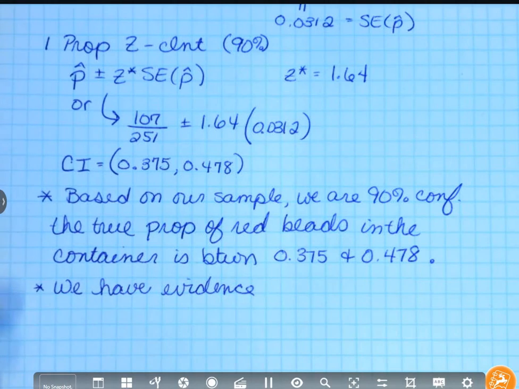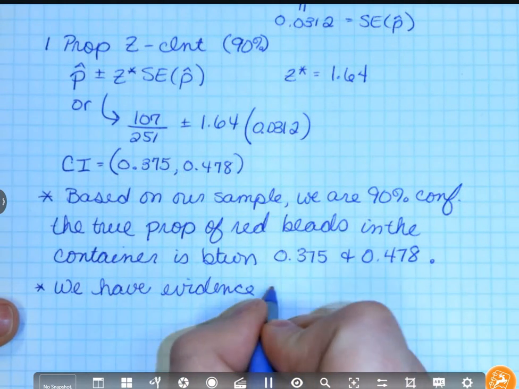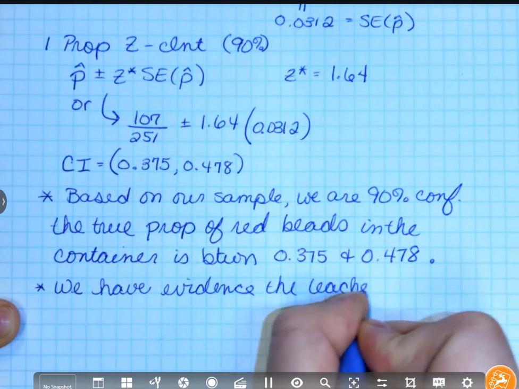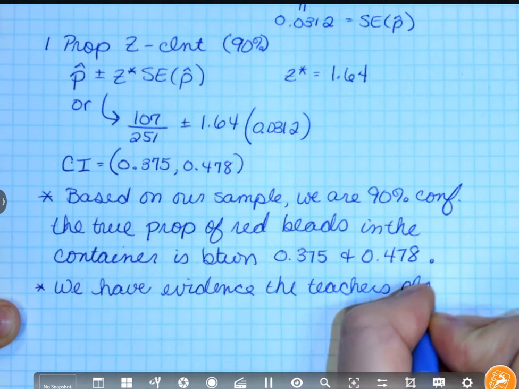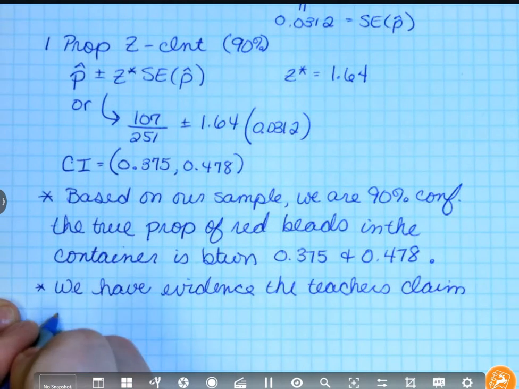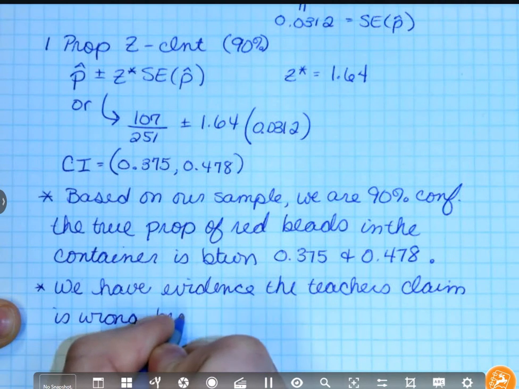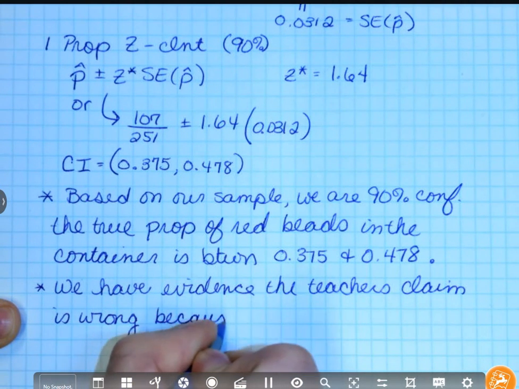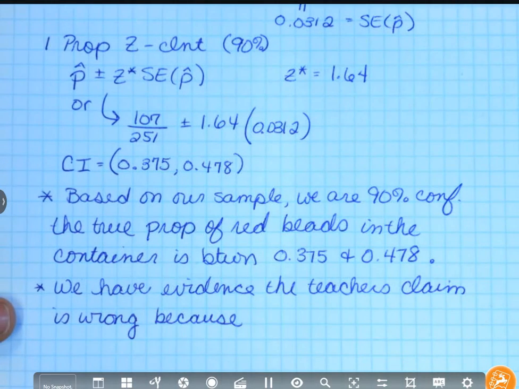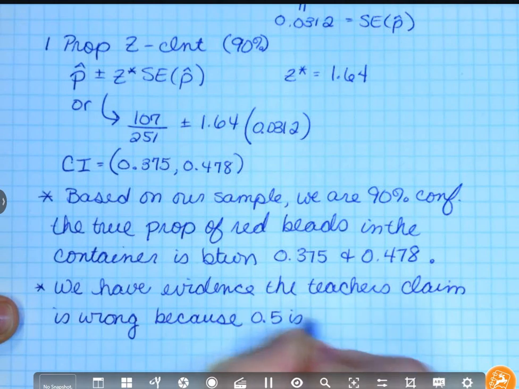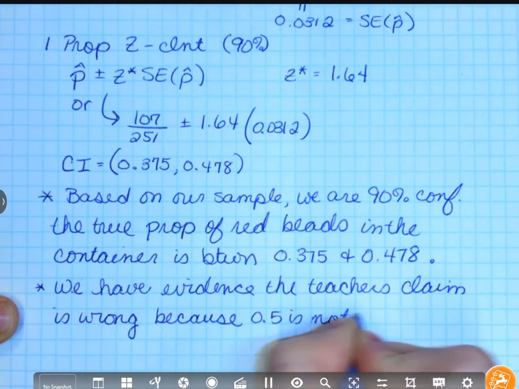Remember, we're never going to prove anything here. We just have evidence the teacher's claim is wrong. And then you simply have to say why. So why? Because 0.5 is not in the interval.